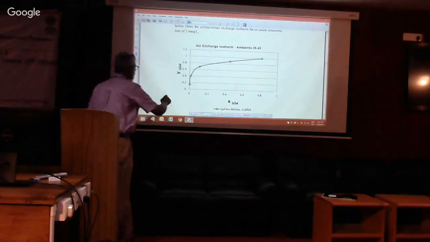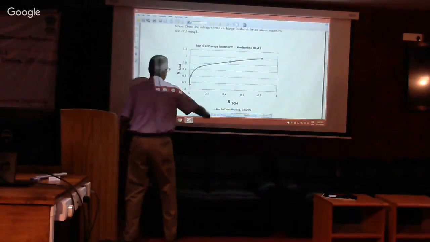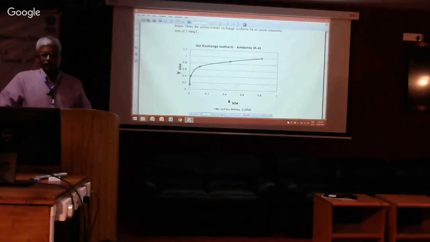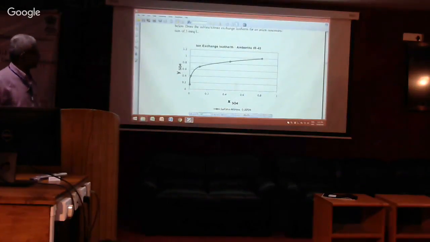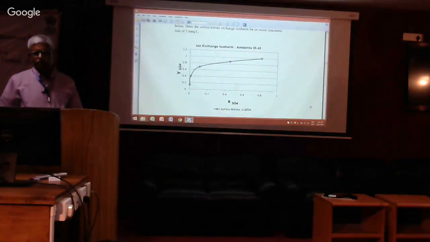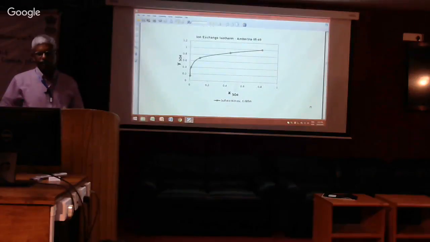And if you draw this 45-degree line, then you will see whether sulfate is preferred or not. This is how we draw the separation factor. We get the separation factor values.